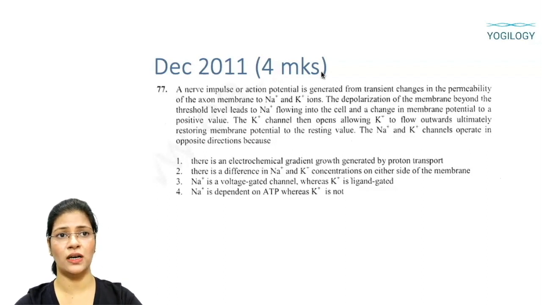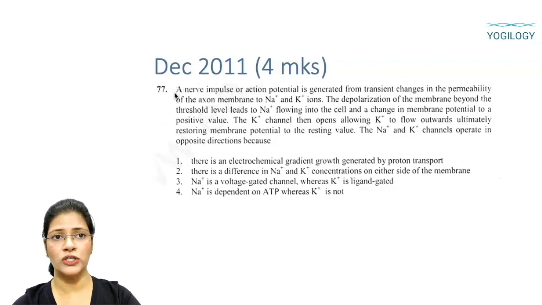So this question has appeared in December 2011 for 4 marks. A nerve impulse or action potential is generated from transient changes in the permeability of the axon membrane to sodium and potassium ions. The depolarization of the membrane beyond the threshold level leads to sodium flowing into the cell and a change in membrane potential to a positive value. The potassium channels then open, allowing potassium to flow outwards, ultimately restoring the membrane potential to the resting value.